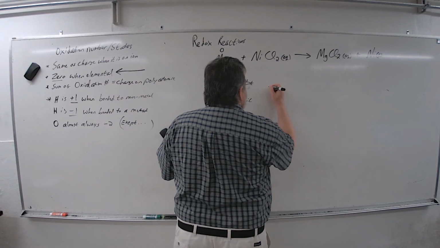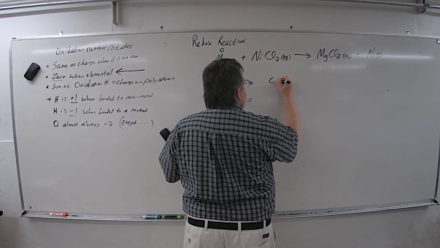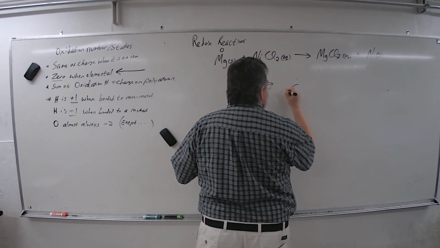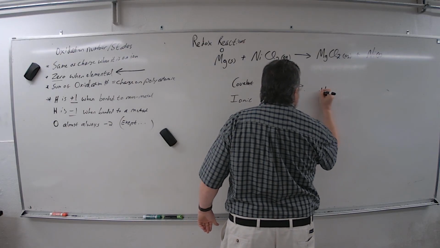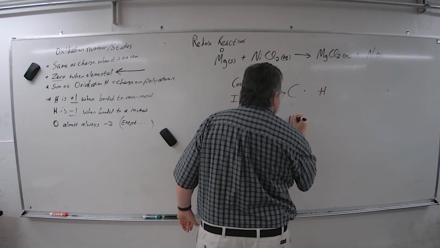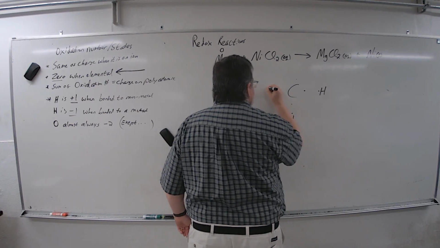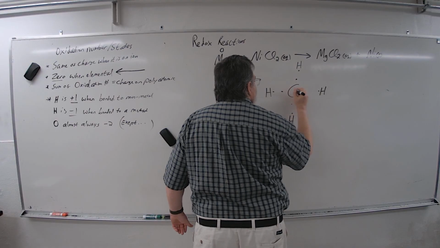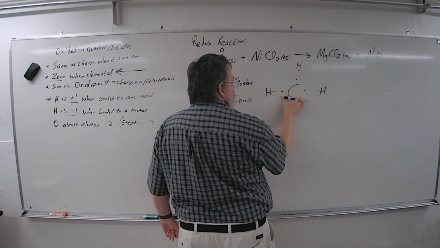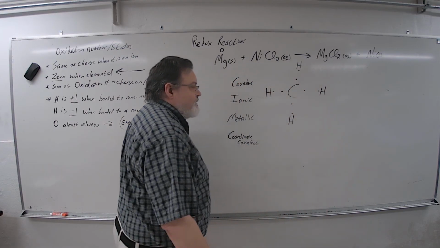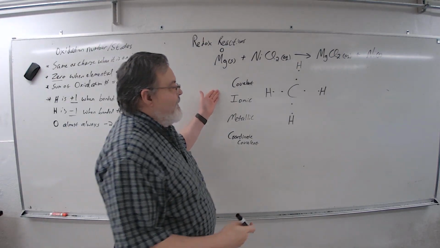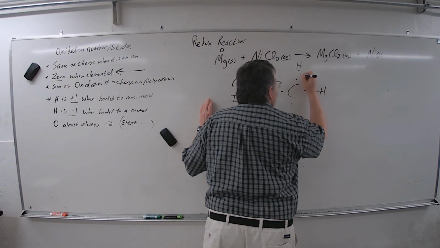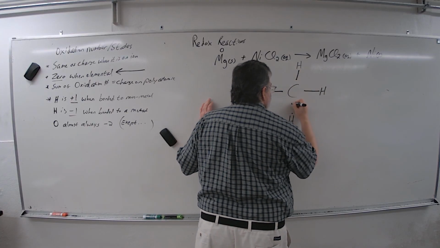But covalent is, here's a covalent compound. This is a review. Do you remember Lewis structures? So what I've got here is the Lewis structure for carbon and the Lewis structure for 4 hydrogens. Here's what covalent compounds do. Because electrons tend to pair, those can pair, those can pair, those can pair, those can pair.